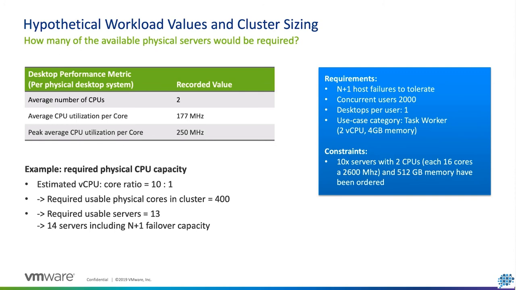Based on the fact that we want to design for the CPU peak, we can work with a consolidation ratio of 10:1. Why? The peak is 250 megahertz. 10 times 250 megahertz, we end up at around 2,500 megahertz required per core when we use this consolidation ratio. This is something we can work with. So for our 2,000 desktops, we would need 400 usable physical cores.